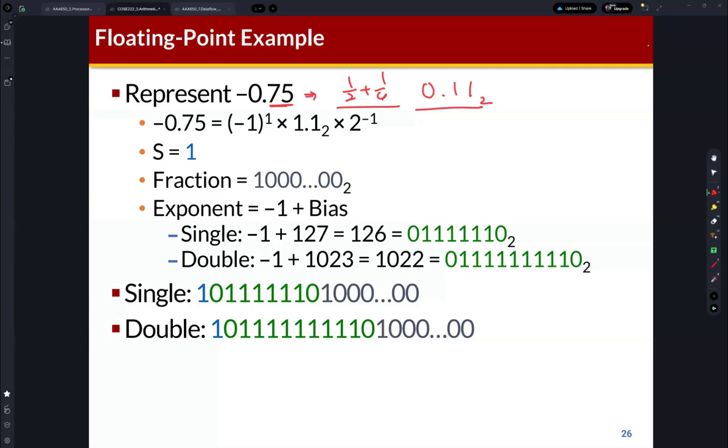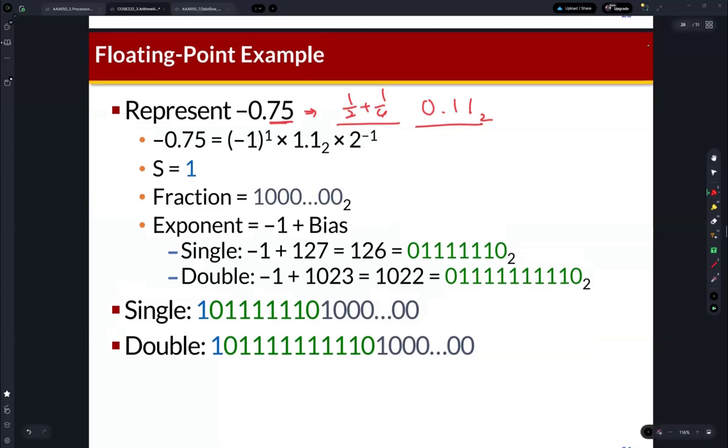So in the normalized form, we can represent this number like this. The sign bit is 1. This is the fraction, and this is the exponent. The sign bit is 1, and the fraction is 1, so it's 1, 0, 0, 0, right?